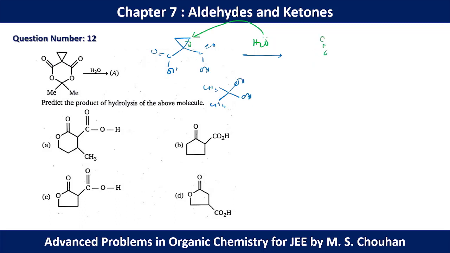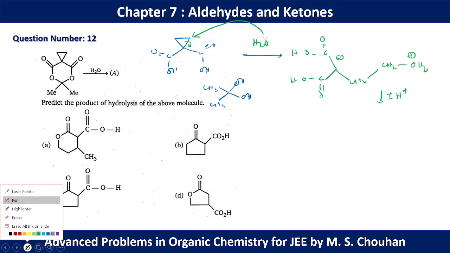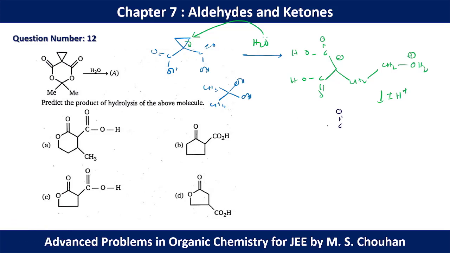So we can have this kind of situation: carboxylic acid minus CH2 OH2 plus. In the final step we have plus minus H plus, so C double bond OH, C double bond OH, CH2 OH.